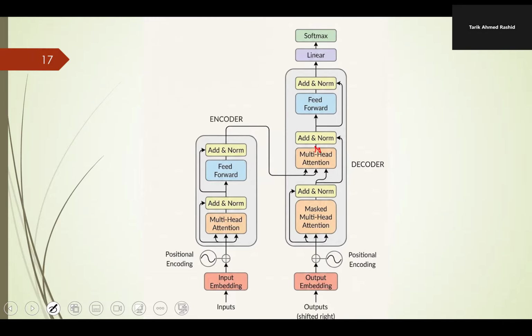We will get add and norm for it, and then it will be added to the earlier output from this process. So this will be added to the output of this one, and then normalized again.